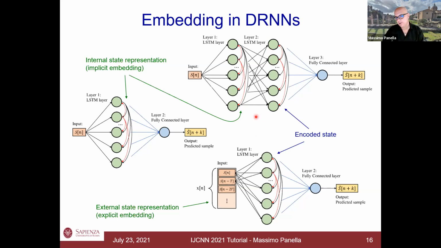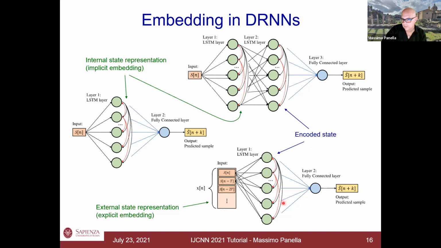But in general, you can imagine that you have the embedded state at the output of the first layer and the encoded state at the output of the second layer. But of course, using an LSTM layer, you can also put at the input a vector instead of the scalar time series. So an explicit embedding can also be adopted at the input of the LSTM layer.